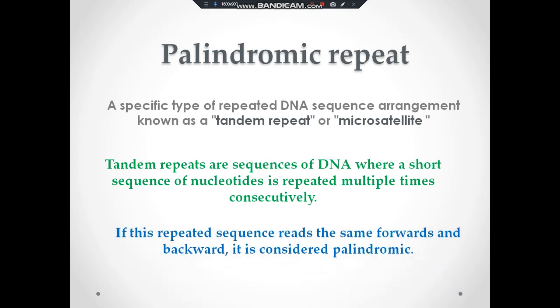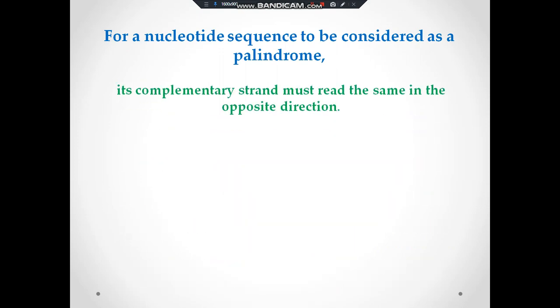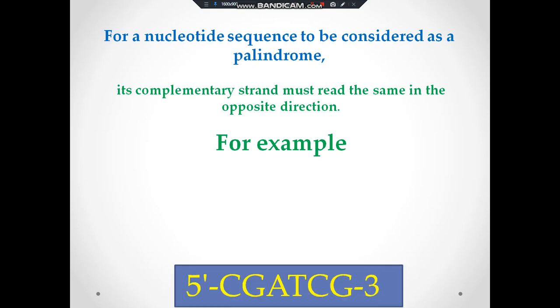If this repeated sequence reads the same forward and backward, it is considered a palindromic repeat. For a nucleotide sequence to be considered a palindrome in DNA, the complementary strand must read the same but in the opposite direction.